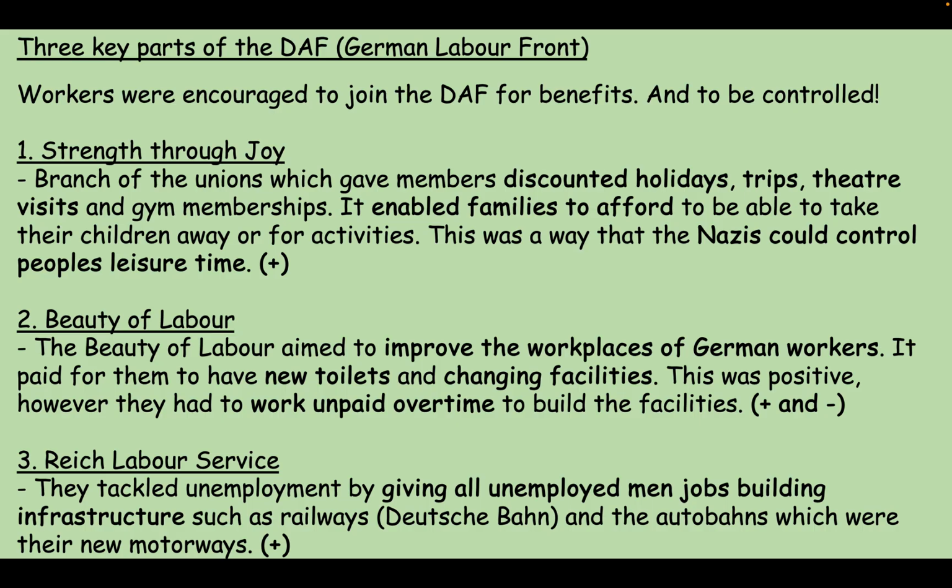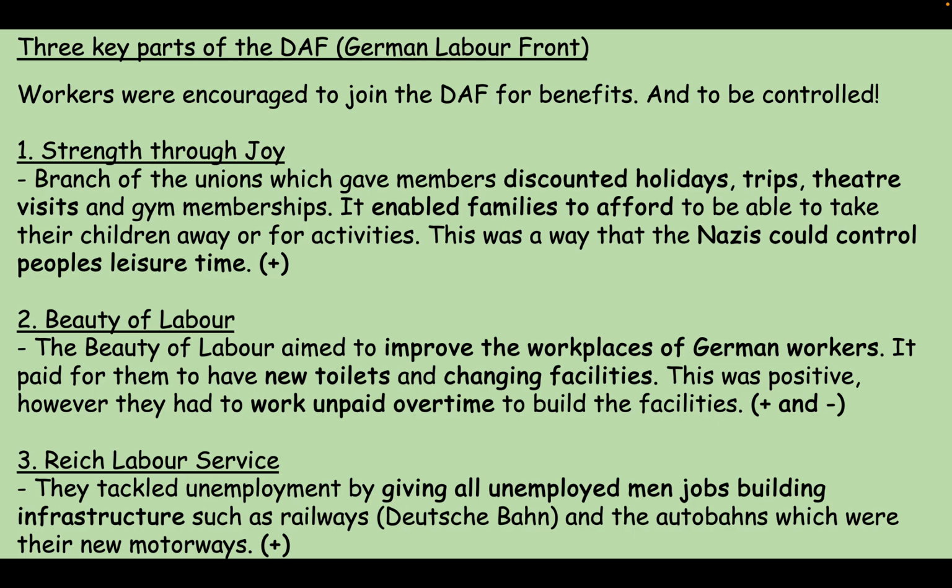They had a program called Strength Through Joy. And the idea of Strength Through Joy was that being a member of the DAF, you would get discounted holidays, discounted theatre trips, cheaper gym or free gym memberships. So it enabled workers and their families to take their children away for activities or for them to be able to have leisure time.